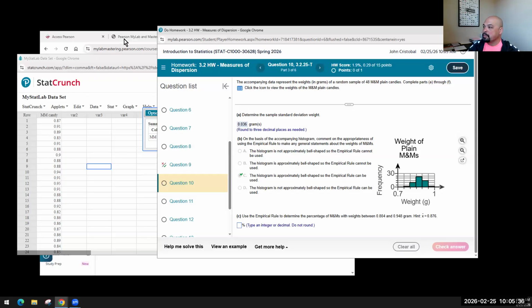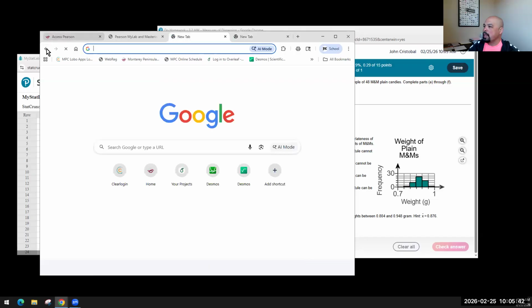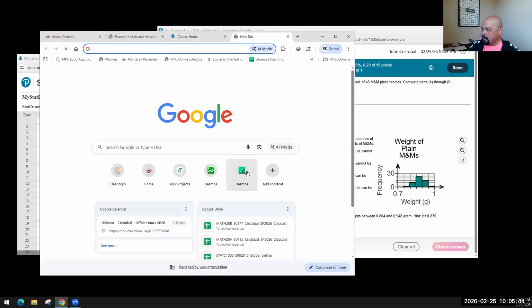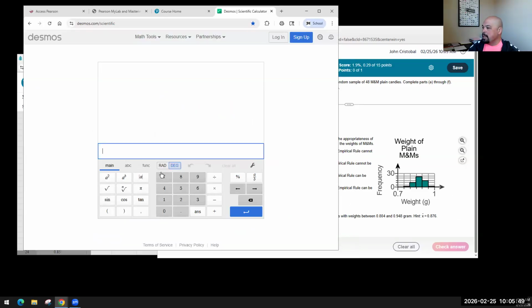So in this problem, let me go to a calculator. Oh, sorry, that part back here real quick. But over here, if I do a scientific calculator, remember it says that the mean is 0.876. Let me just put that as a placeholder. Our standard deviation we found, right?